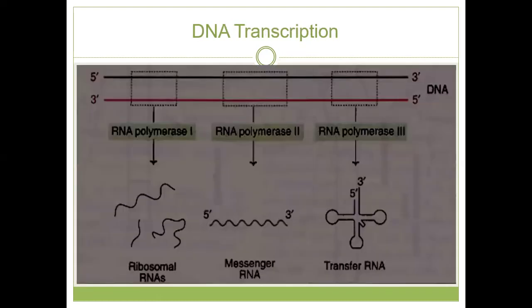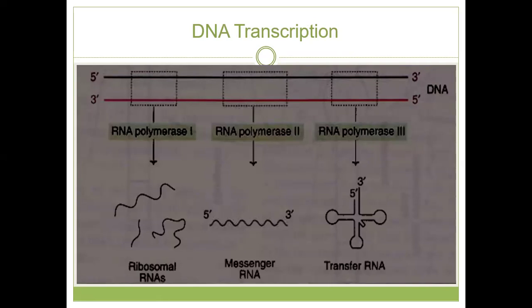In the case of DNA transcription, we said it is the process through which information is copied from DNA to RNA. It depends on whether that information is needed for protein synthesis. If so, a messenger RNA is synthesized, and the RNA polymerase involved is RNA polymerase II. But if what you are producing is ribosomal RNA, then RNA polymerase I is involved.